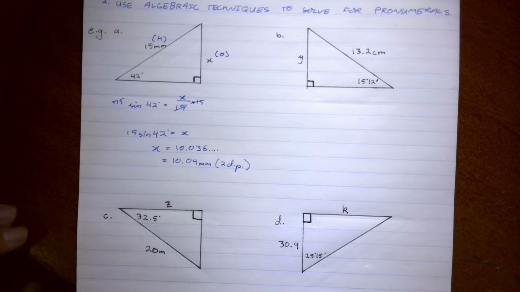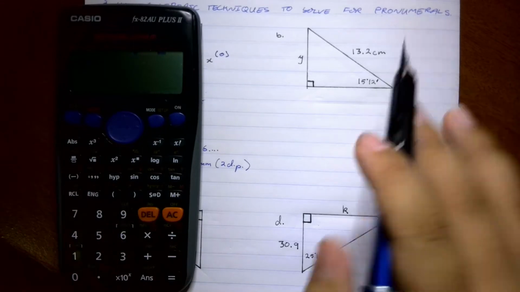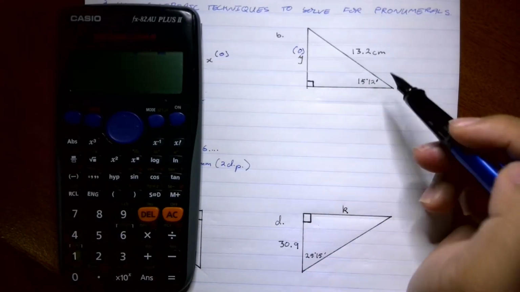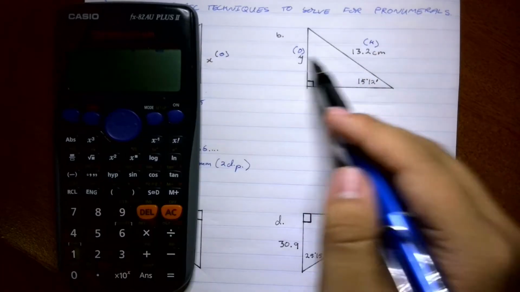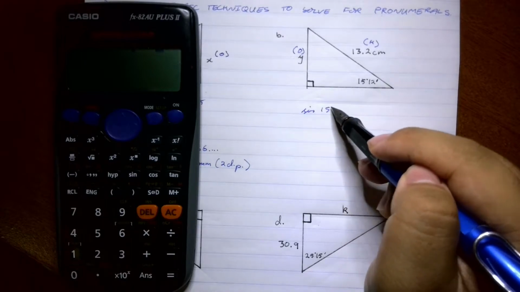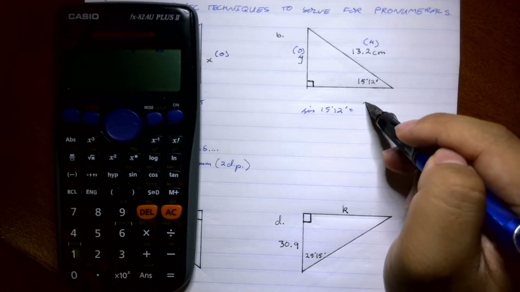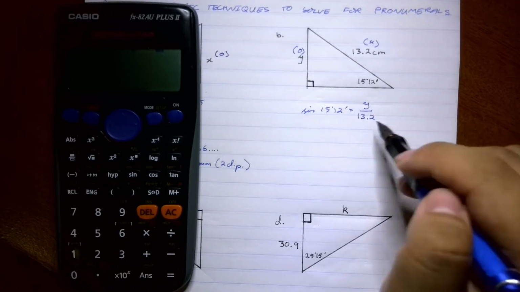Let's move right along to our next question here. Let's take a look. Once again, from our angle, we are given an opposite and a hypotenuse. So that is sine of 15 degrees 12 minutes is equal to y over 13.2.